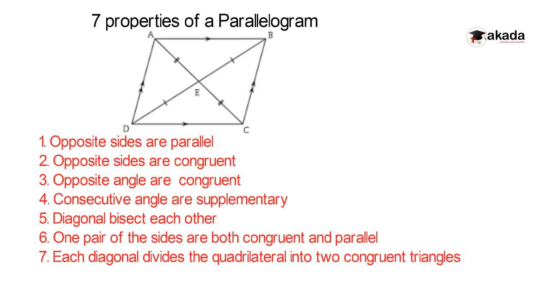Consecutive angles are supplementary. 5. Diagonals bisect each other. 6. One pair of the sides are both congruent and parallel. 7. Each diagonal divides the quadrilateral into 2 congruent triangles. Can you see the 7 properties?